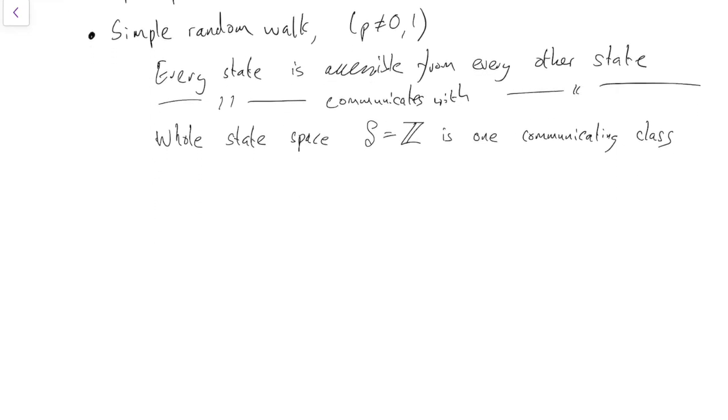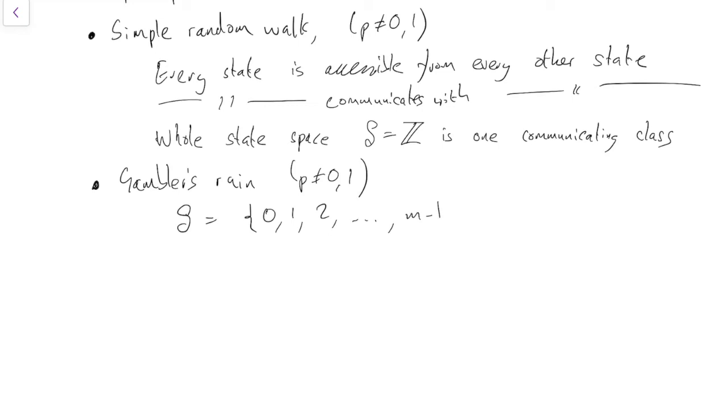Okay, what about a slightly more complicated example? Well, my second favourite discrete time Markov chain is the gambler's ruin. Again, with p not equal to 0 or 1, because that's silly. So remember that the state space for this is 0, 1, 2, up to m minus 1, up to m.